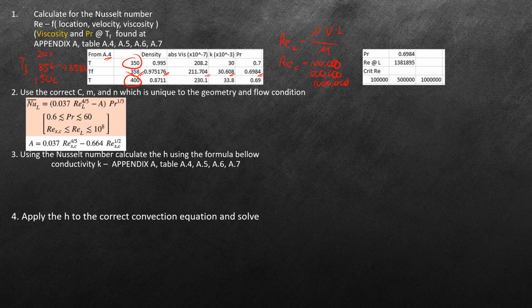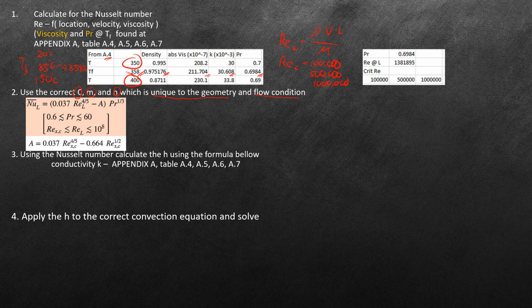So from here, we will use our corresponding C, m, and n values for our Nusselt equation, and this is unique to the geometry and the flow condition. Upon checking our plate, we know that initially it starts as laminar flow and then transforms into turbulent flow.